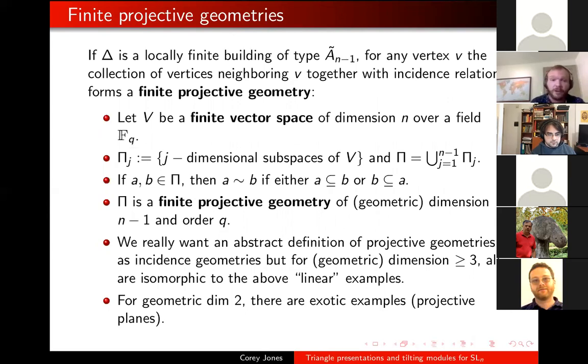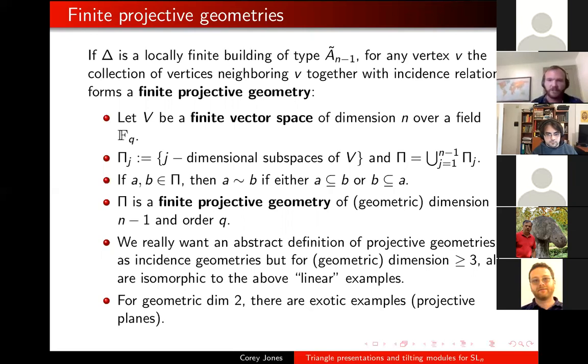And as I mentioned earlier, really what we use in triangle presentations is an abstract characterization of projective geometries as incidence geometries, but it turns out that in geometric dimension greater than or equal to 3, all abstract finite projective geometries are isomorphic to ones of the form I just described. So for geometric dimension greater than or equal to 3, basically these things are all finite projective geometries.